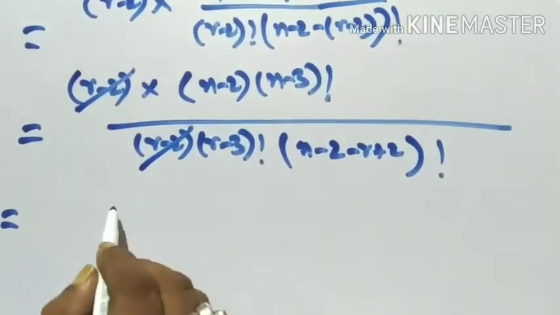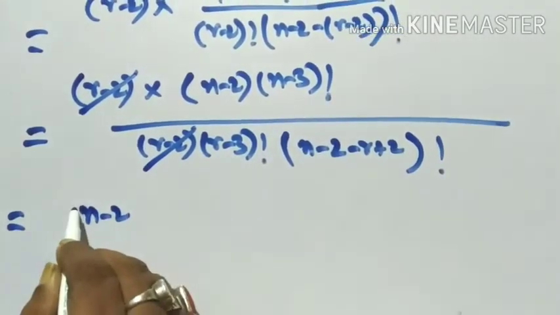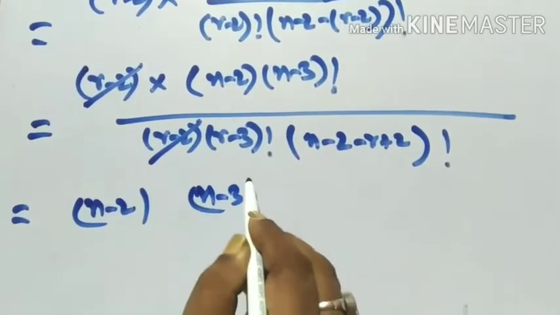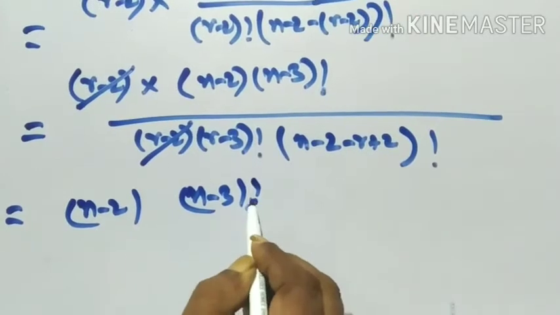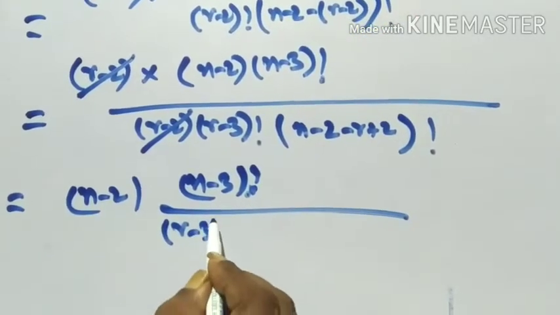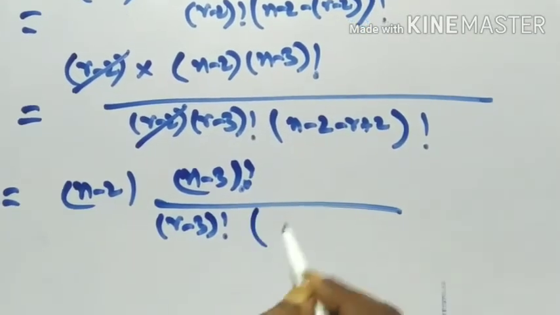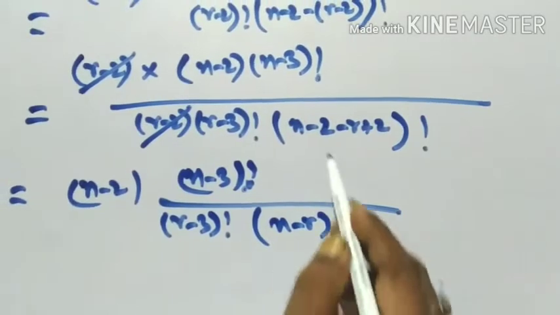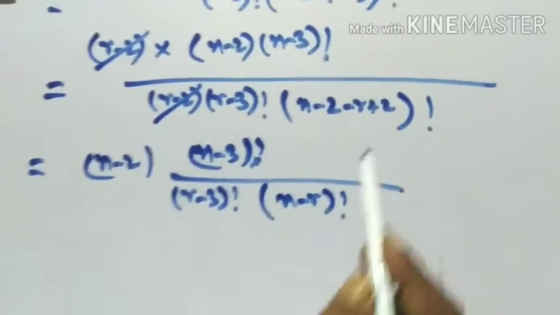The remaining left will be n minus 2, and then (n minus 3) factorial divided by (r minus 3) factorial. Again here, n minus r factorial is left, as minus 2 and plus 2 cancel out.